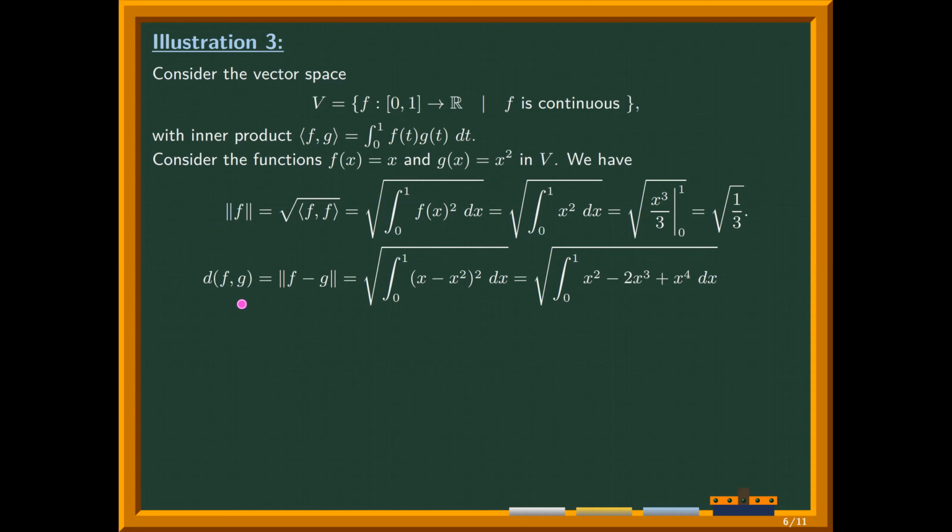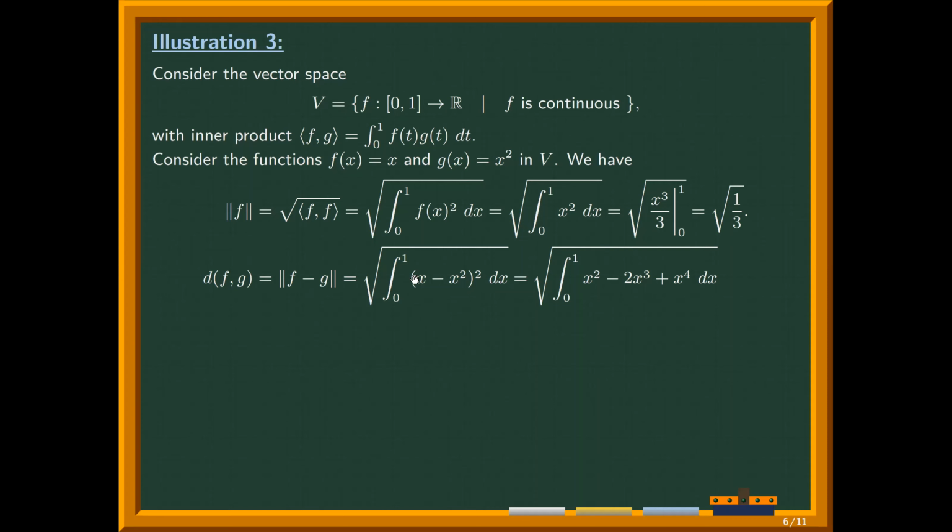We can also compute the distance between f and g. By definition, this is the length of f minus g. Remember, the definition of the length is relative to the inner product. So this is equal to the square root of the inner product of f minus g with itself. But f minus g is x minus x squared. So this quantity is equal to the square root of the definite integral from 0 to 1 of x minus x squared times x minus x squared dx.